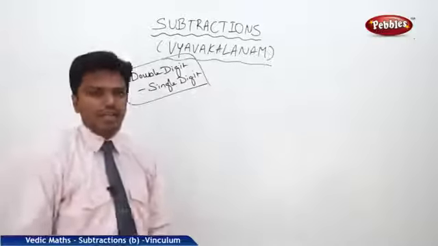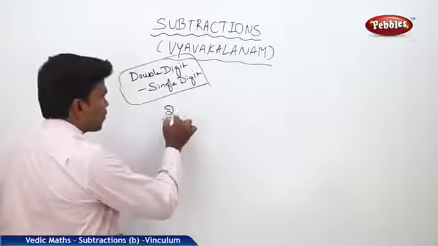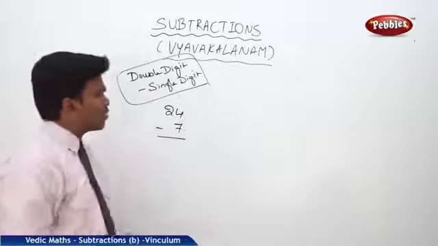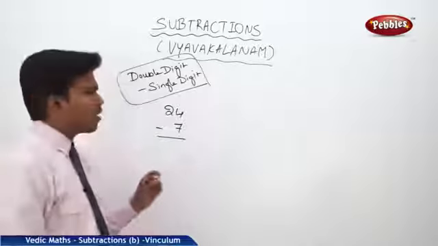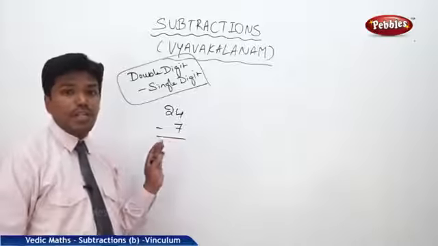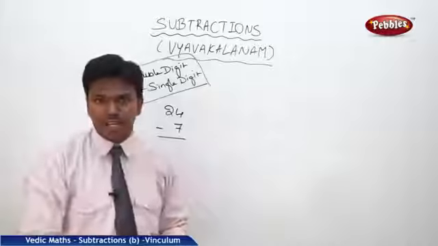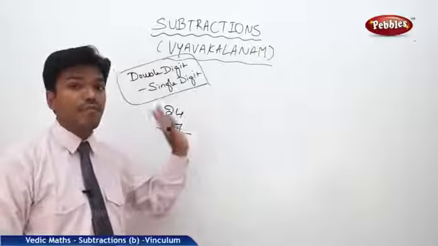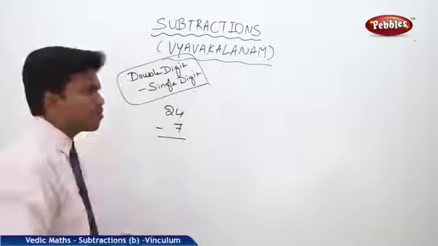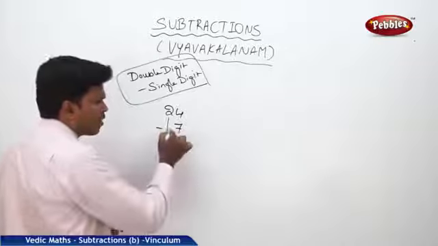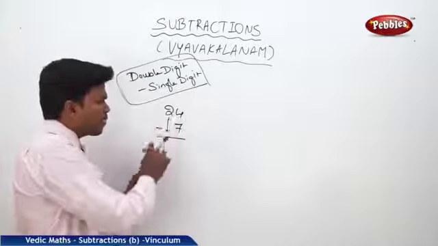So we will take one example, 24 minus 7. Just like I said, in Vedic maths, especially additions or subtractions, we are not going to do it from right to left, which is the conventional way, but here we are going to do it from left to right. Now you see, is there any digit below 2? There is nothing. So we will just drop 2 as it is.